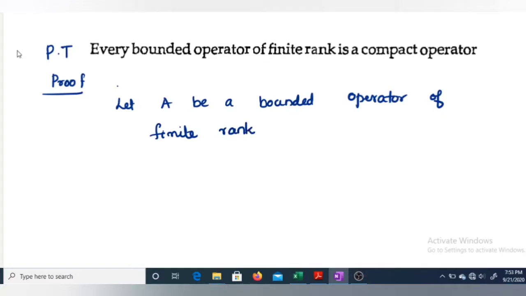Now, using the previous result, for any bounded operator we can write Ax equal to the sum from i equal to 1 to n of A star yi star of x times y.